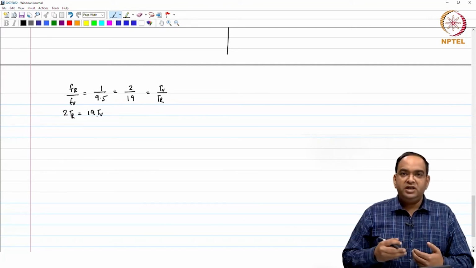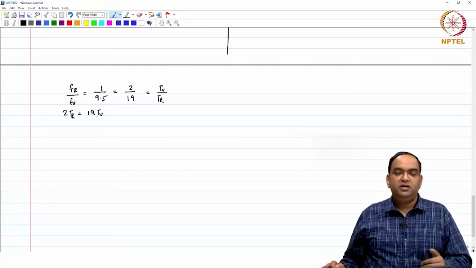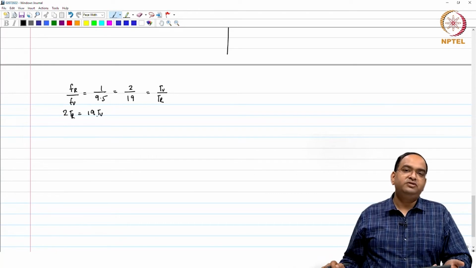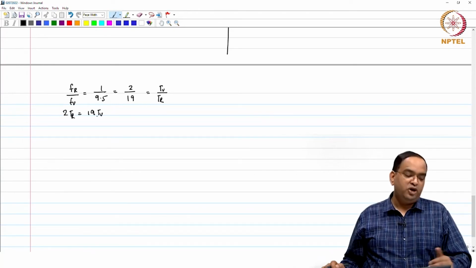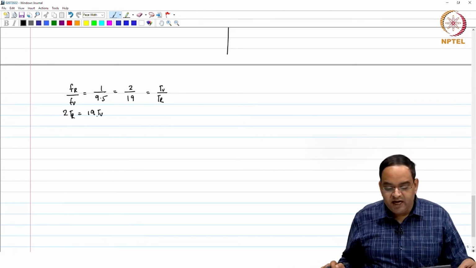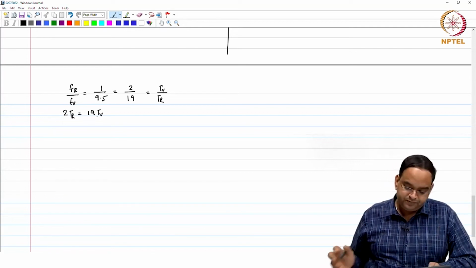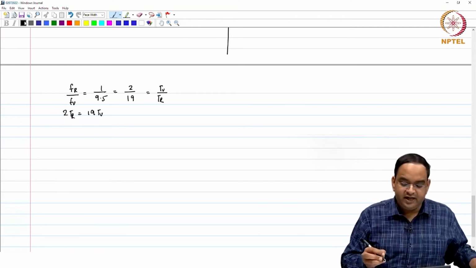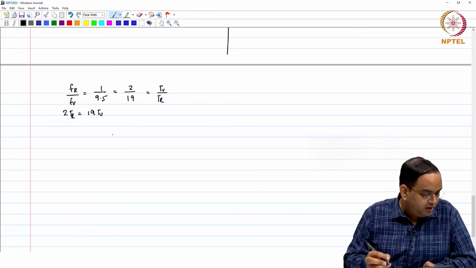As you increase your time period for counting, your estimate for the frequency error will also improve. So, in order to do that, we can improve our counting.